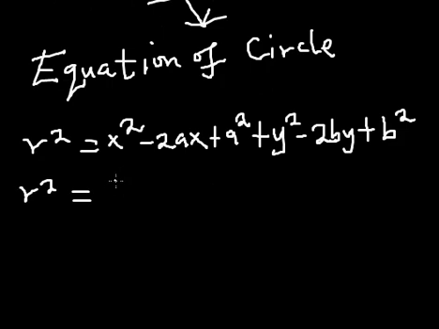the x square and y square, I will collect them and bring them first. Then I have minus 2ax, then minus 2by.